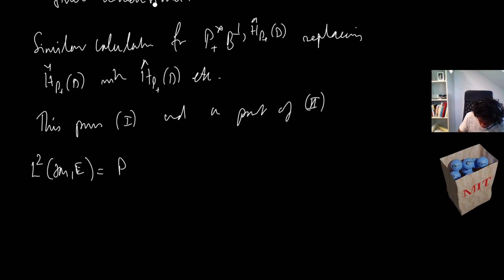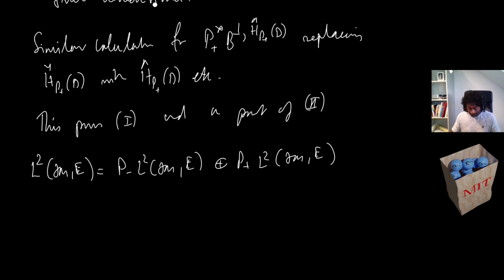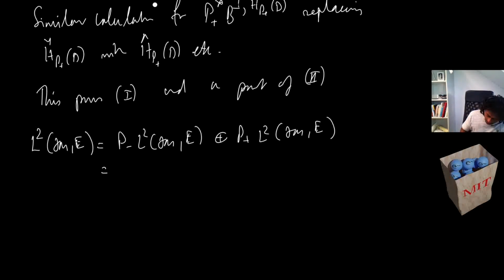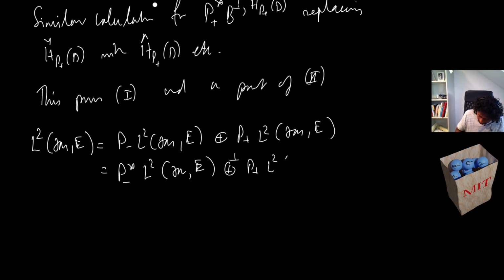This is going to be P minus L2 of ∂ME plus P plus of L2 ∂ME. We already know that, right? It's a boundary decomposing projector, but we also have that this is equal to P minus star of L2 ∂ME. If we calculate the orthogonal complement to the P plus L2 ∂ME, we exactly get P minus star. So this is the orthogonal complement to P plus L2 ME.